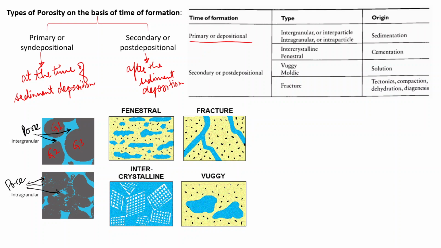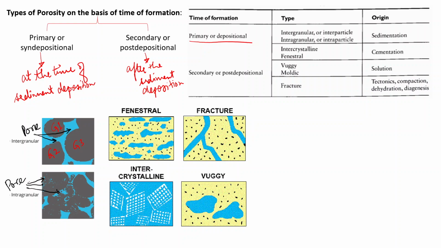Then we get the fenestral pores. Fenestral pores are normally formed by cementation when there is excess growth of the cement in the rock. Then they fill up the space at some places and leave voids at other places. They are called fenestral pores, while intercrystalline pores develop within the crystals between two crystal grains.